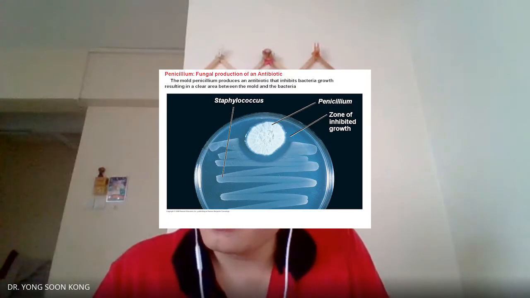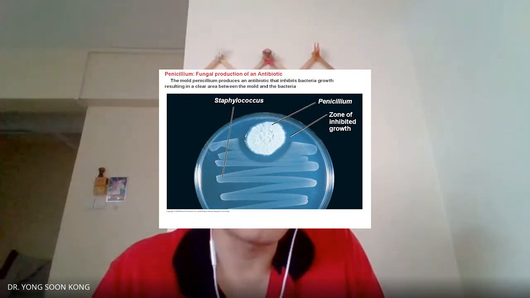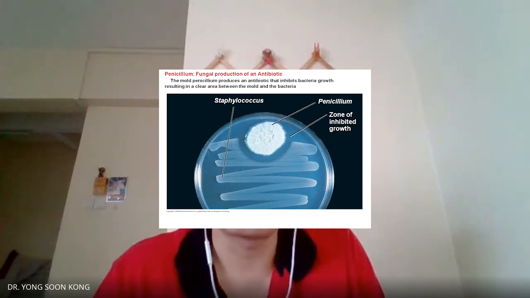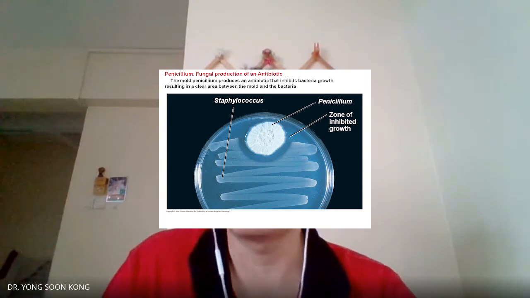Because why? Because fungus can produce antibiotics. Yeah, I'm not kidding you. The antibiotics that you're using today are derived from fungus. And vice versa. If you want to avoid mold growth, if your house has many dark spots due to dampness, you have a lot of fungus growth.